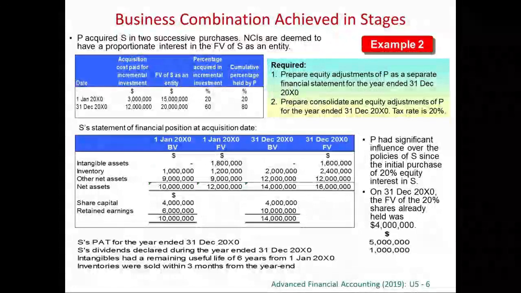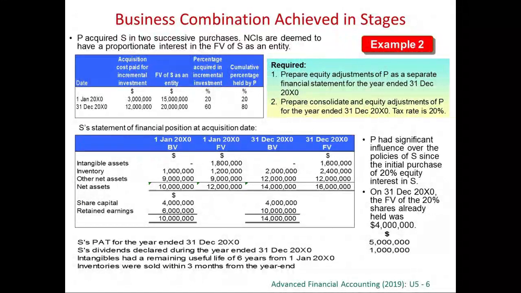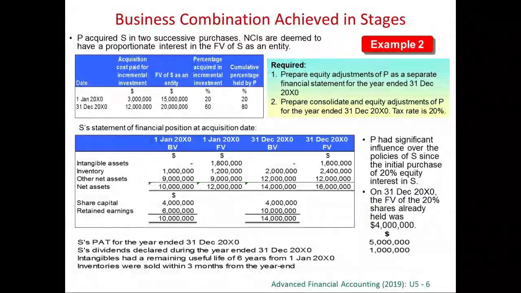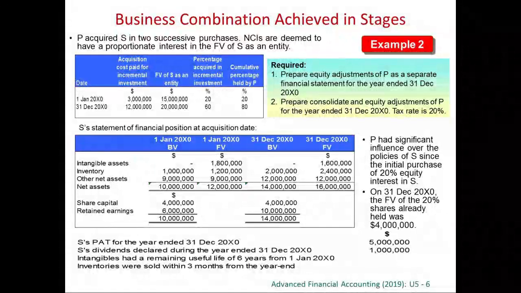It has been sold. If this is a subsidiary, you will credit inventory and debit cost of sales, because this fair value adjustment is no longer required.